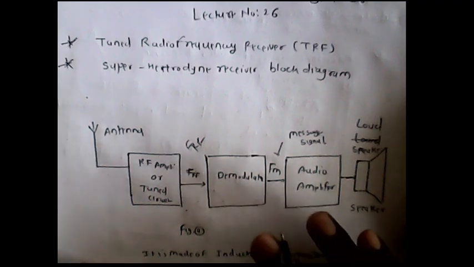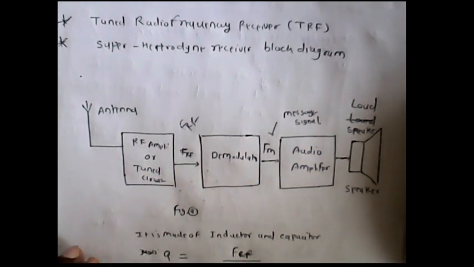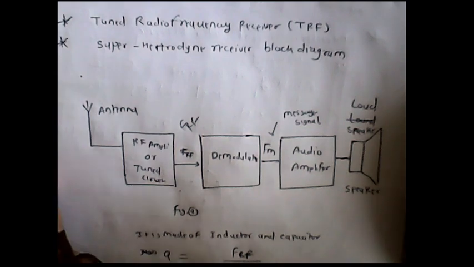And the demodulator, in module number 3 we are seeing the various demodulator circuits, double sideband suppressed carrier, single sideband suppressed carrier receiver or varactor diode. All this will be seen in previous lectures.